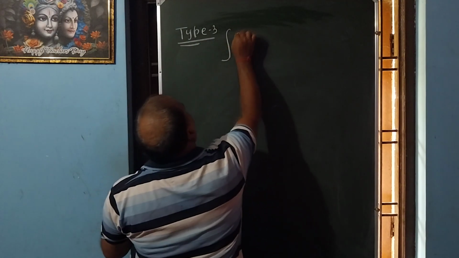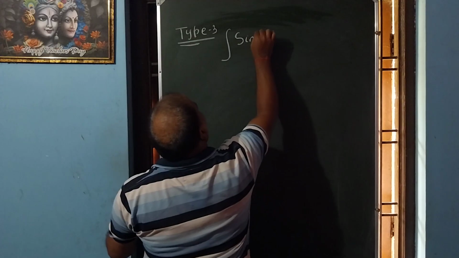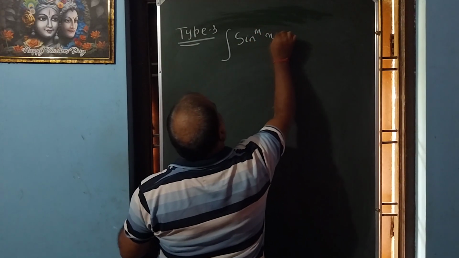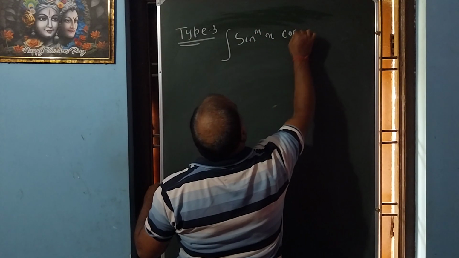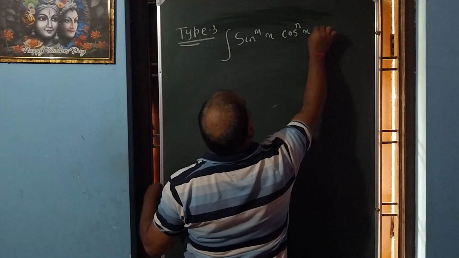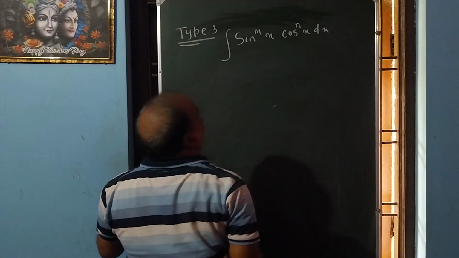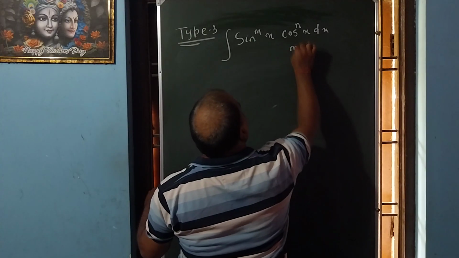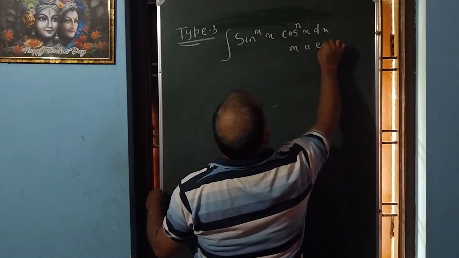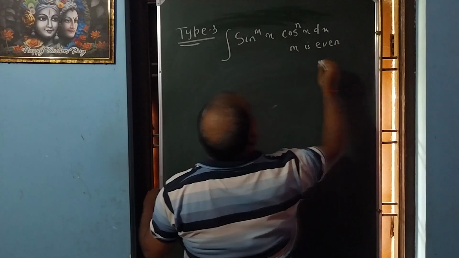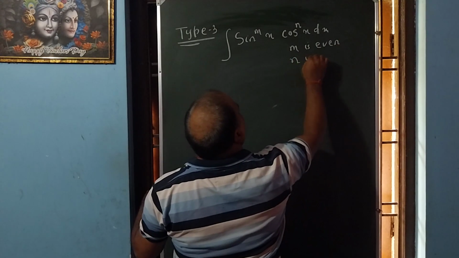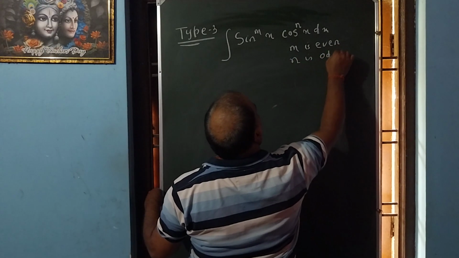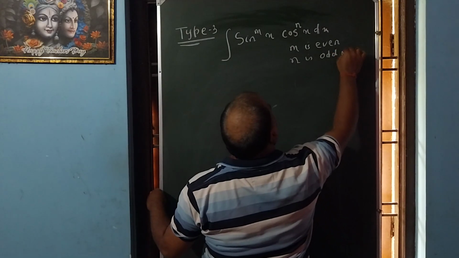Integration of sin to the power mx cos to the power nx dx, where m is even and n is an odd natural number.